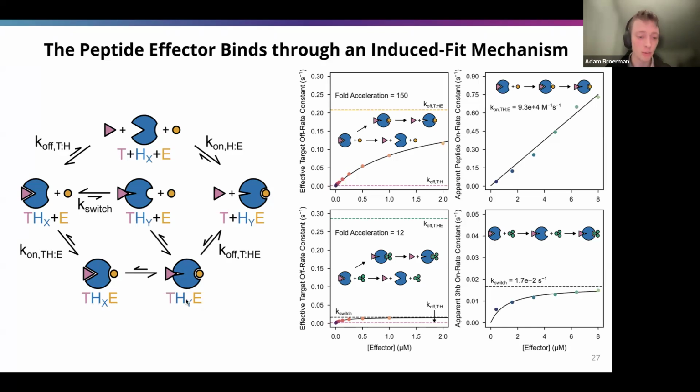Once you get to the ternary complex state, the target dissociation is quite fast. But in contrast, the flexible effector is actually able to directly bind to the state X, induce the change to state Y, which puts that strain on the target, leading to rapid target dissociation.